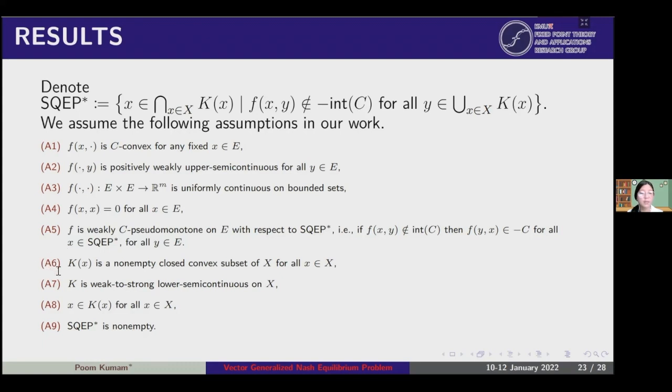Assumption 6, K of x is a non-empty closed convex subset of X. Assumption 7, K is weak to strong lower semi-continuous on X. Assumption 8, x belongs to K of x. And assumption 9, the set S_QEP star is non-empty.